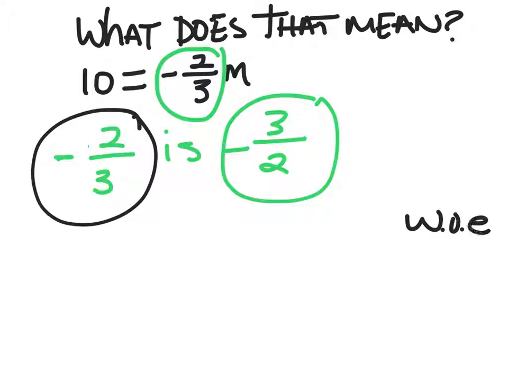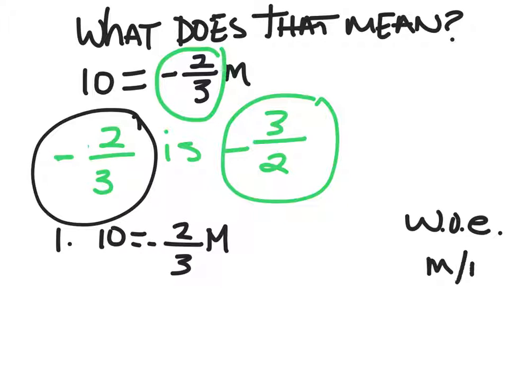So we follow the same procedure. We rewrite the original equation. I'm having problems with my negative sign, so I'm going to leave it off for a moment. Okay. And now I want to multiply both sides by the reciprocal. So that's my step 2.